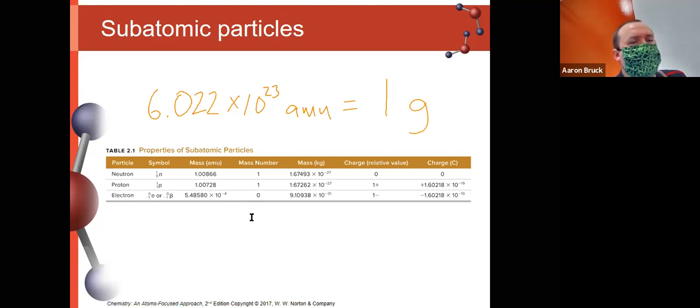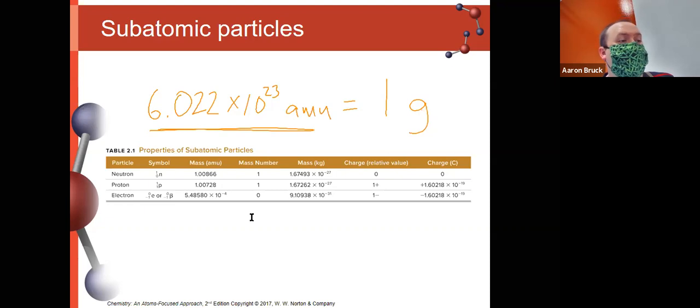If you're familiar at all with this number here on the left, it should be something that you recognize. This is Avogadro's number. We're going to talk a lot more about Avogadro's number middle of next week.